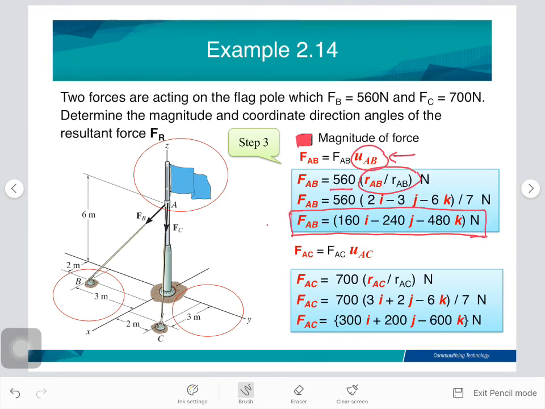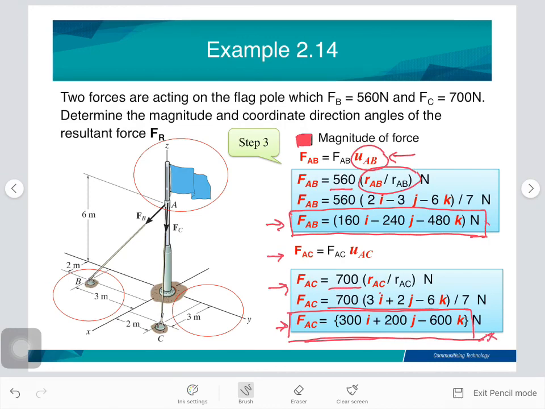So FAB is 160i minus 240j minus 400k Newton. Then you do the same for FAC. FAC here is 700, multiplied with the unit vector AC. This is the unit vector AC, and this is the answer for FAC in Cartesian: 300i plus 200j minus 300k.